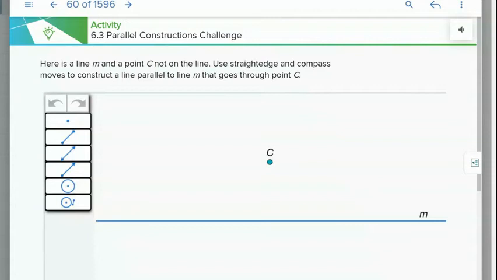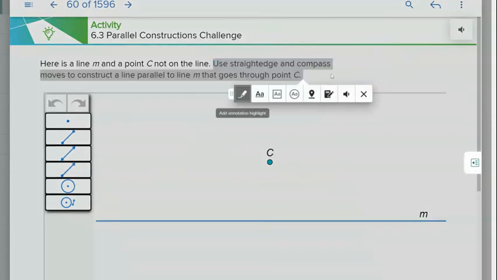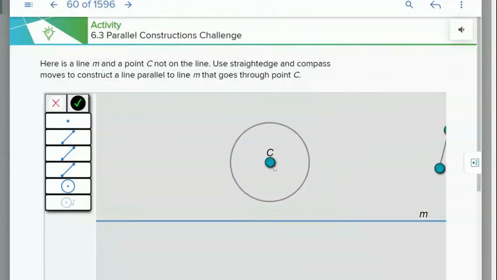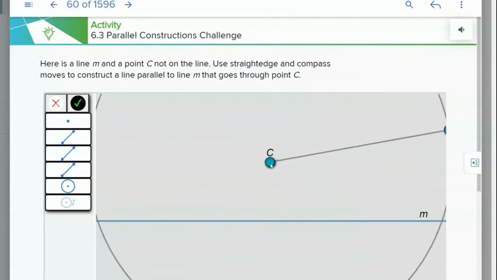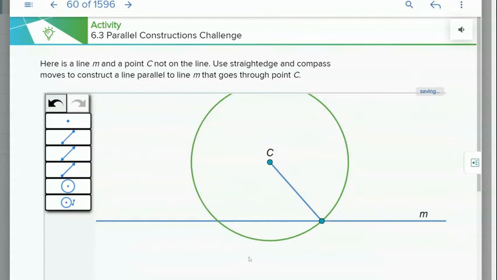6.3, parallel construction challenge. So line M again, point C again, but this time they want us to use our tools to construct a line that's parallel to line M that goes through C. Now, what if I told you it's very much the same as the previous construction of a perpendicular bisector with a little bit more added on?